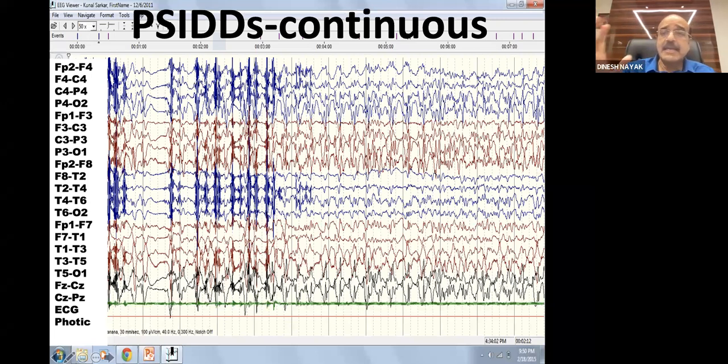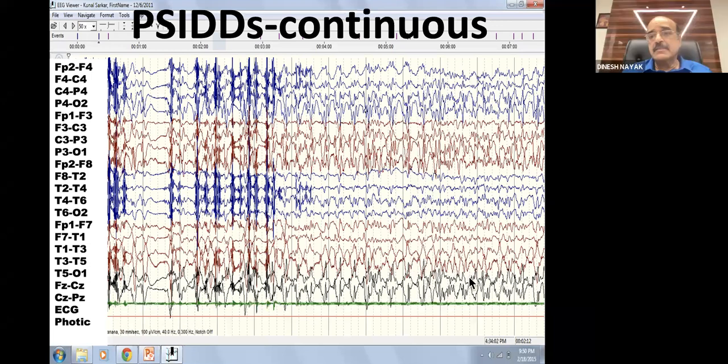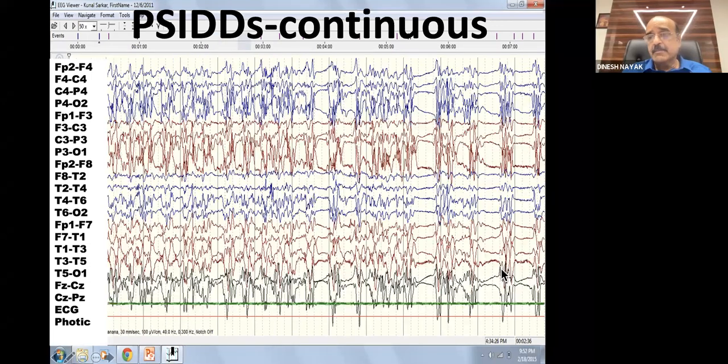When the seizure is ending, again, there is a breaking happening. You can see there's a break. The brain is breaking, and it is interrupting the continuous discharge by a break. Then again, there's a discharge, and then there is a break, discharge, break, and again, now there is more and more breaking. It is again becoming periodic.